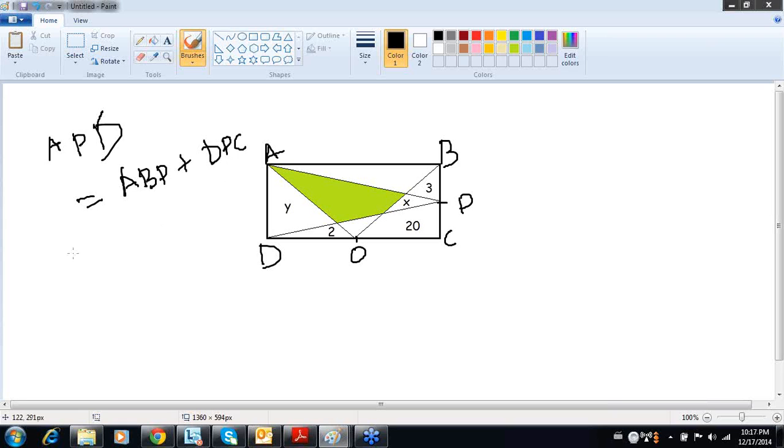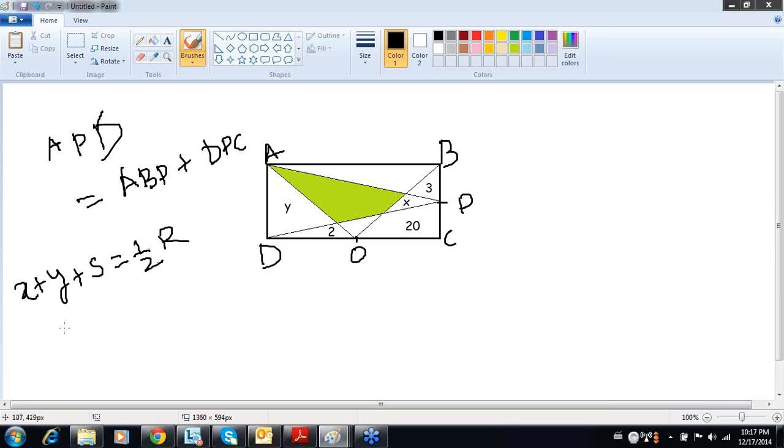Just equate it. So it becomes X plus Y plus, let's say the shaded area is S, is equal to half the area of the rectangle.